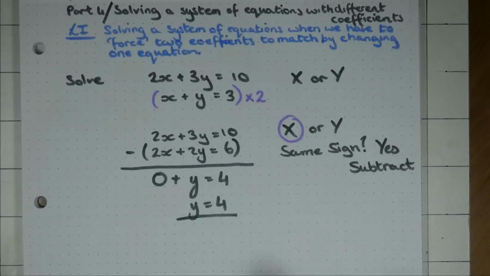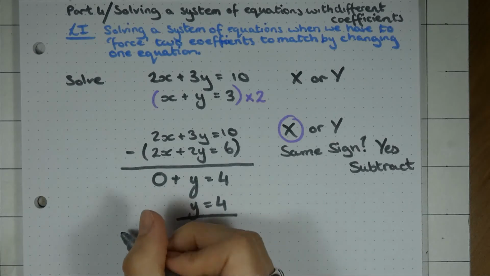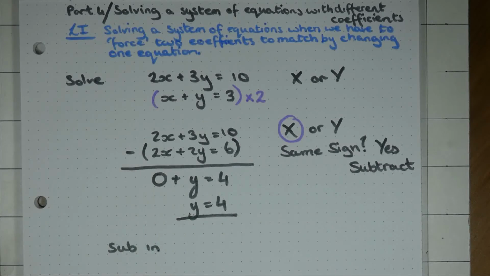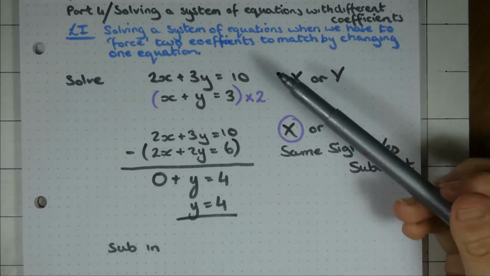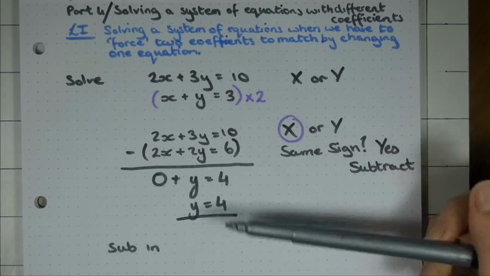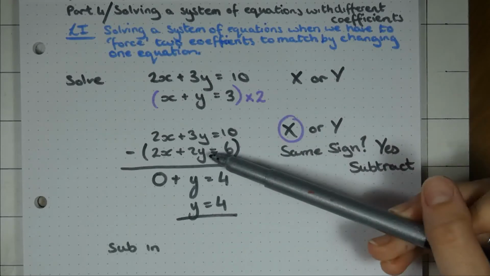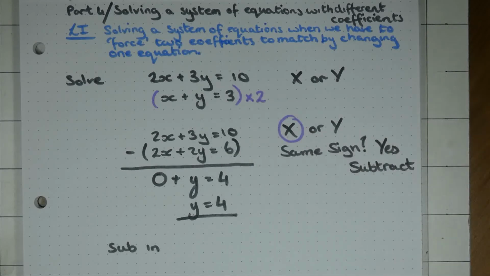Now, second step, we can't forget to do it, we have to substitute in. So we sub in. Now here's the great bit. We can go back to this original equation that we times by 2 because we haven't changed the meaning of the equation. We can just use that one that's sitting there.